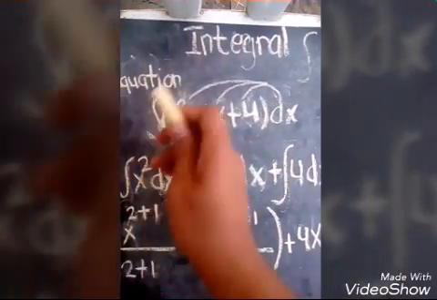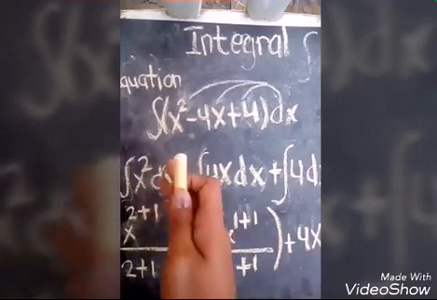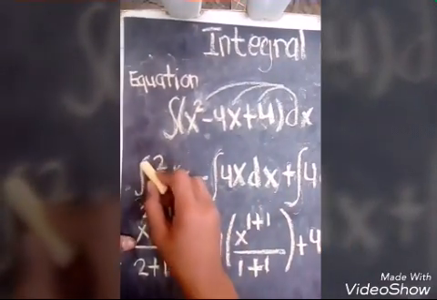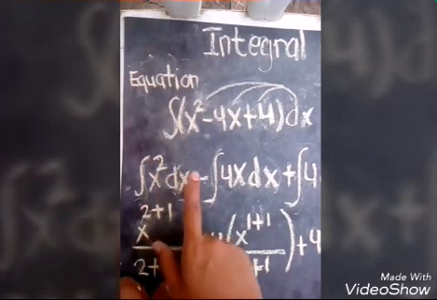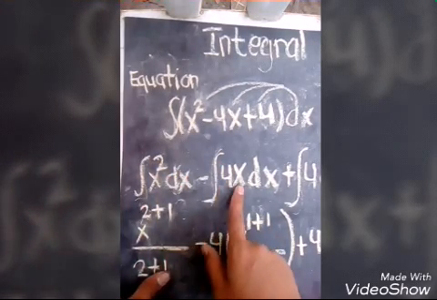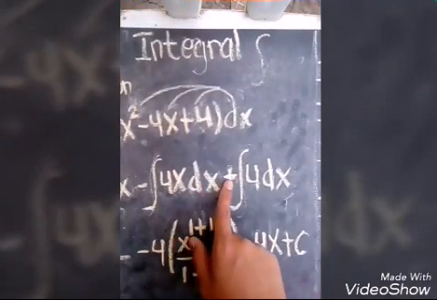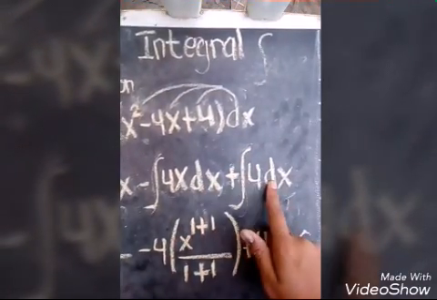They are cut into 3. So integral of x squared dx minus integral of 4x dx plus integral of 4 dx.